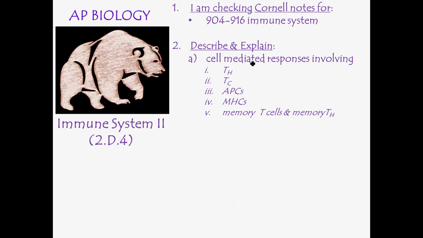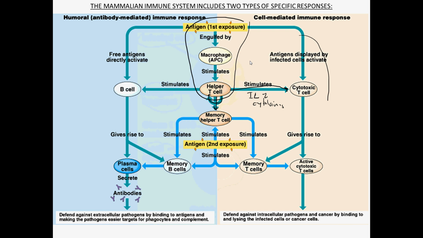And as you can imagine now, if we go back to this diagram here, if these helper T cells are dying, well, then this whole thing is not going to happen, right? You're not going to get memory T cells, you're not going to stimulate cytotoxic T cells, etc., and your immune system then crashes, right?